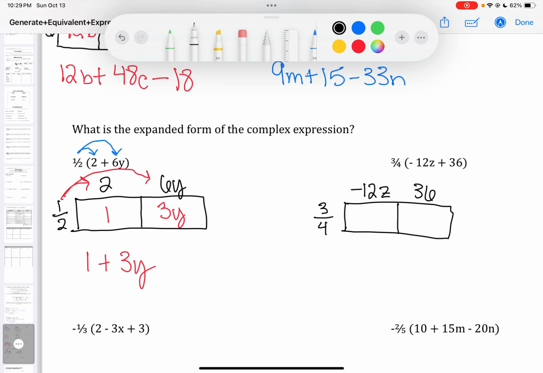So I can say that 3/4 times negative 12 will equal negative 9z, because we have a z, so we're going to keep our variable. And then 3/4 times 36 will equal 27. So now this can be rewritten as negative 9z plus, because we're adding, 27. And again, our terms are smaller than they started off with, because if we multiply by a fraction, our numbers will get smaller.